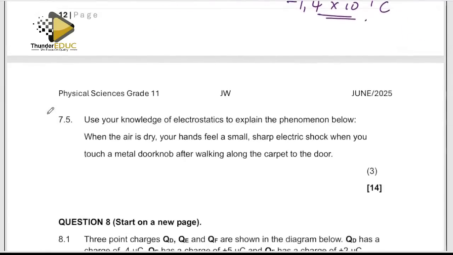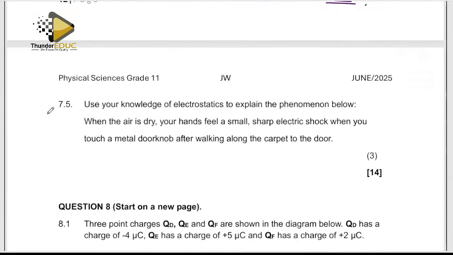Okay, then question number 7.5, use your knowledge of electrostatics to explain the phenomenon below. When the air is dry, your hands feel a small, sharp electric shock when you touch a metal doorknob after walking along the carpet to the door. So this should be explained just in terms of what we call static electricity.